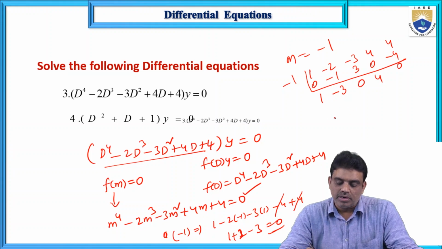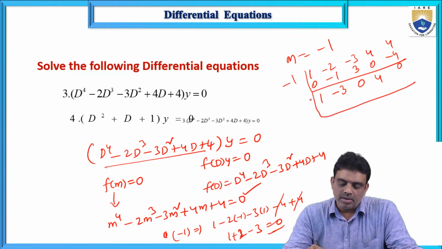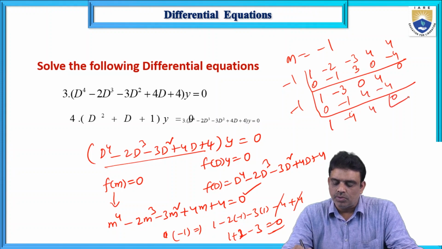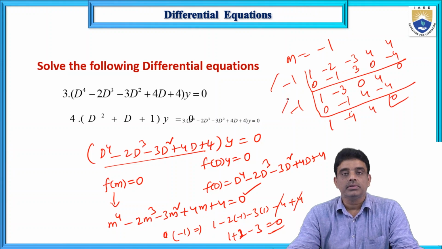Now what is another root of the equation? If I put minus 1 again, 0, 1 minus 1, it is minus 4, and plus 4, 0, plus 4, 4, and minus 4, this is 0. Again minus 1 is a repeated root.